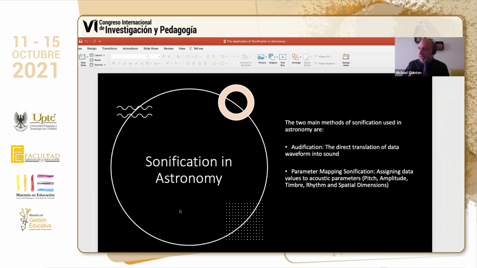We mentioned pitch, which is the frequency, how fast the wave is actually moving, which we hear as differences in musical notes, basically. You've got the rhythm, which is how frequently the frequency is beating, and spatial dimension, where the sound is actually coming from. So we're using these attributes of hearing, and we're mapping those attributes to the data.